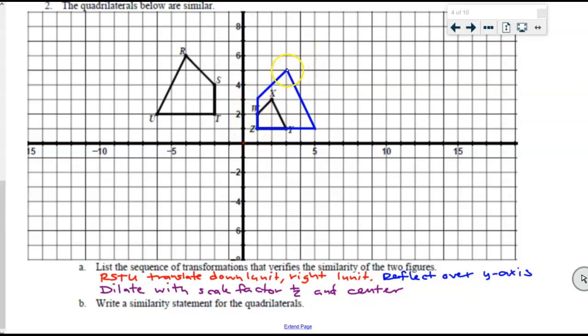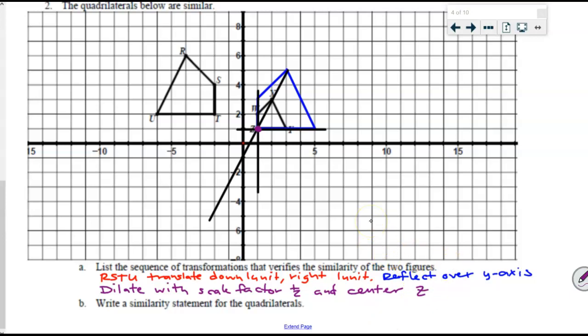For those who can't, draw a line that goes from R through X and just extend it. You can see it goes through the Z, just like S through W is going to come on back and go through Z. And U through Y is going to come on back and go through Z. And that confirms that Z would be that center of dilation. So center would be Z. Does that make sense, Fitz?